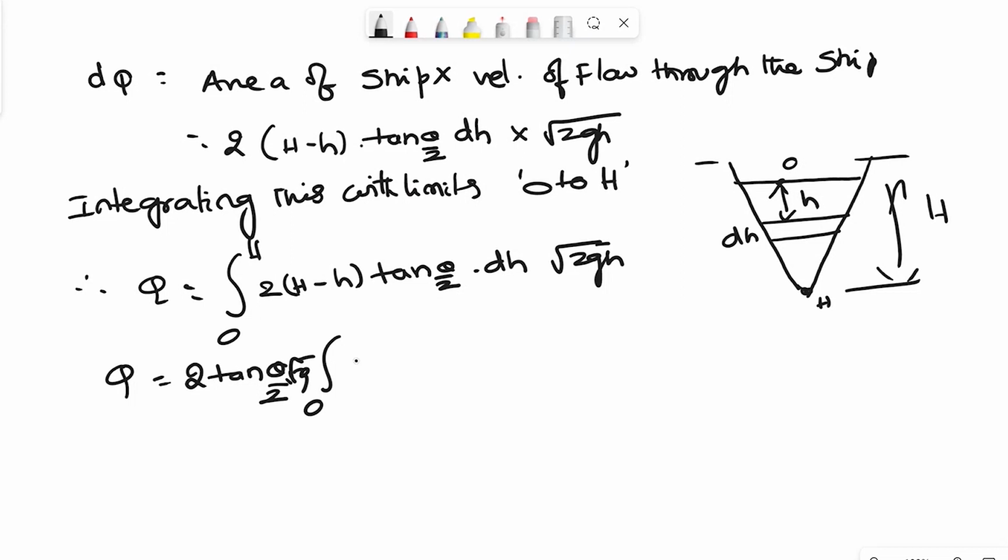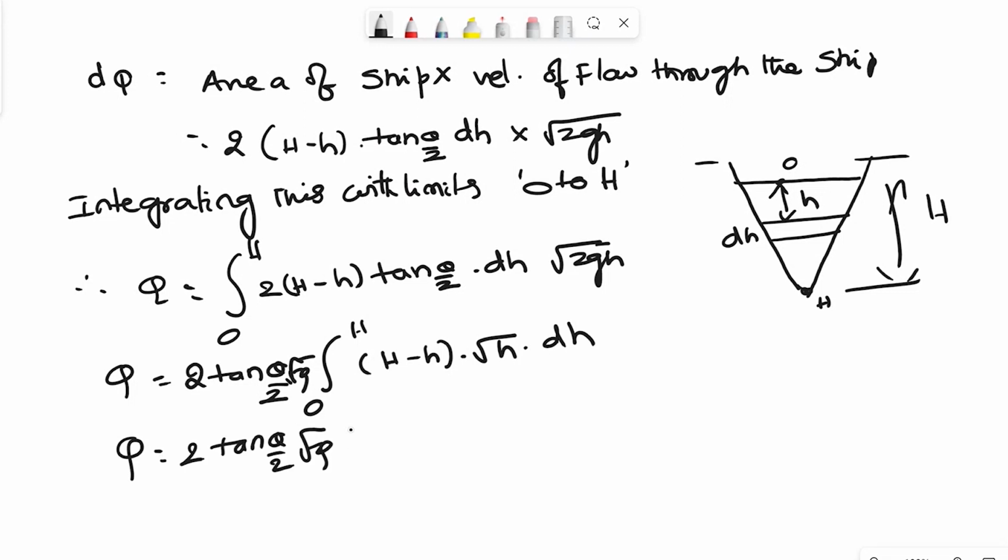So what is there inside then? 0 to H limits, it is (H minus h) into root h into dh. If I expand it, 2 tan theta by 2 into root 2g into 0 to H, H root h minus h to the power of 3 by 2 into dh.